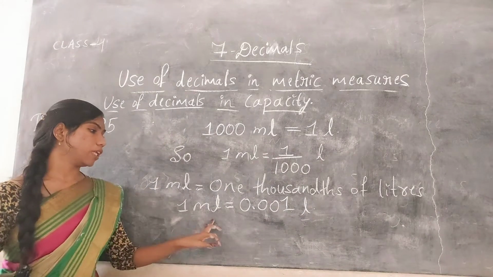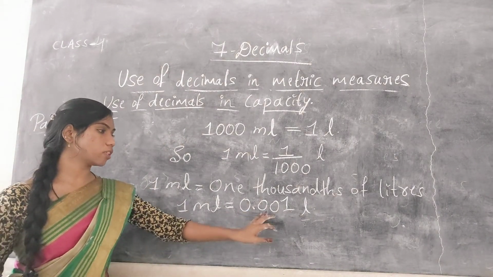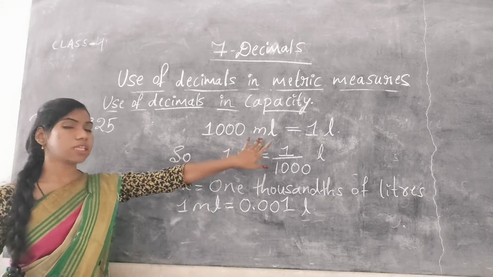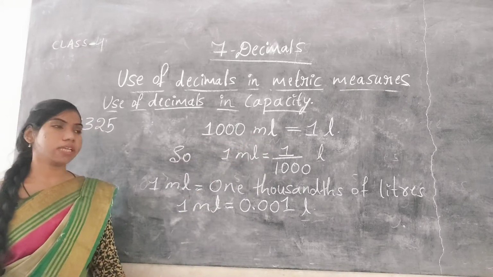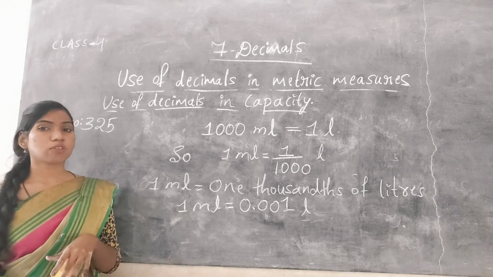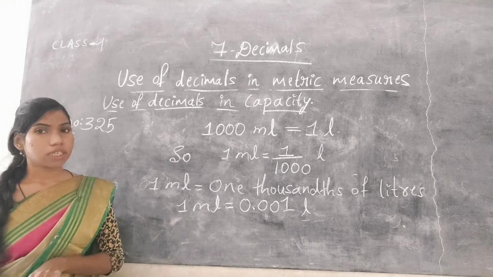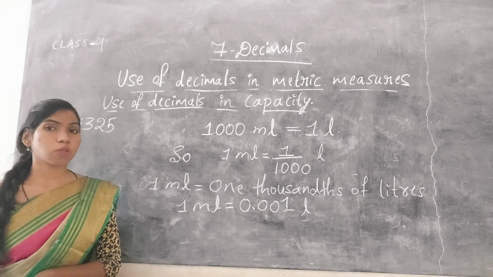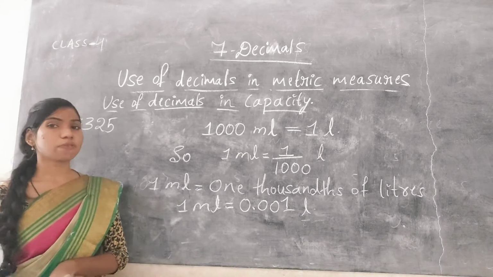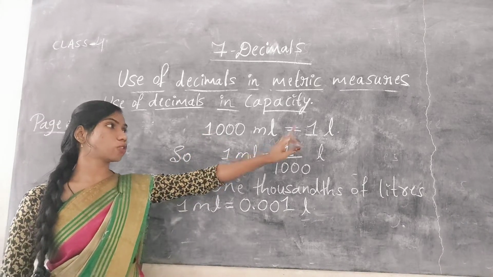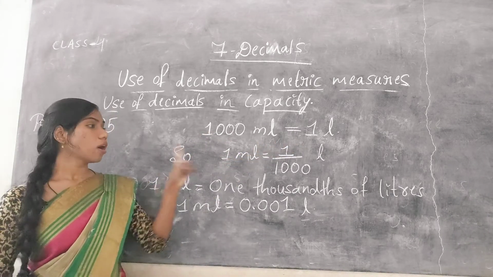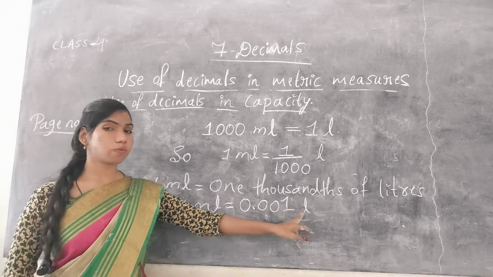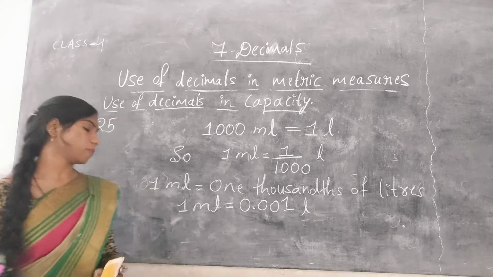So 1 milliliter is equal to 0.001 liters. 1000 milliliters is equal to 1 liter, so the capacity of a liquid is measured in liters and milliliters.